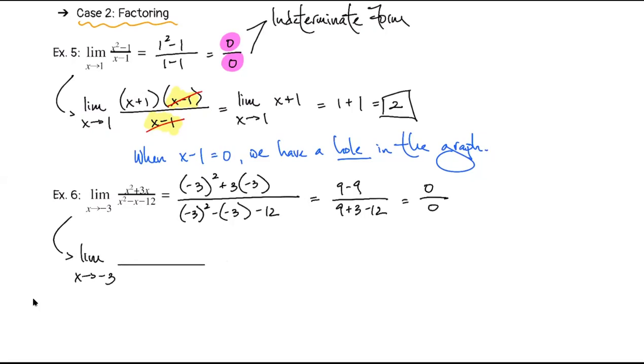We have x squared plus 3x. What do we get when we factor that? x parentheses x plus 3. All right, and when we factor that denominator, we'll get x minus 4 and x plus 3.